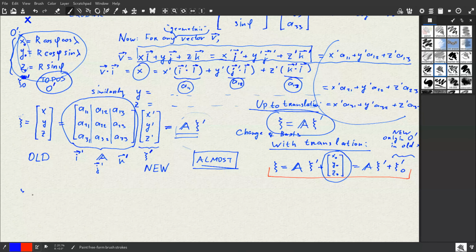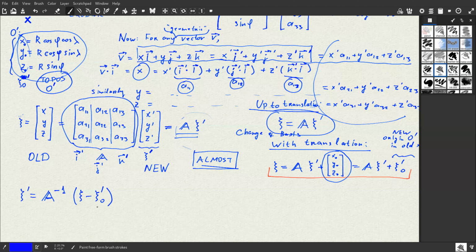Xi prime, in that case, is, as you can easily see, the inverse matrix A times the difference of Xi minus Xi prime 0. So we have coordinates x, y, z of our point.